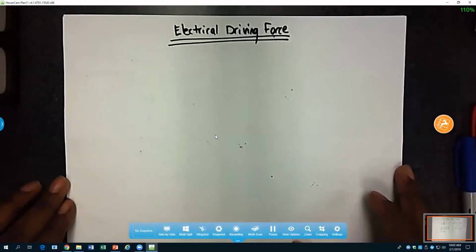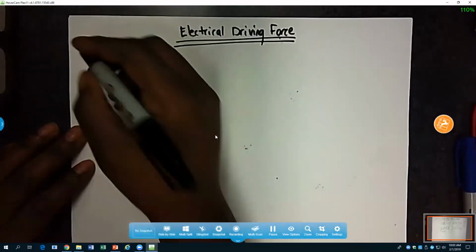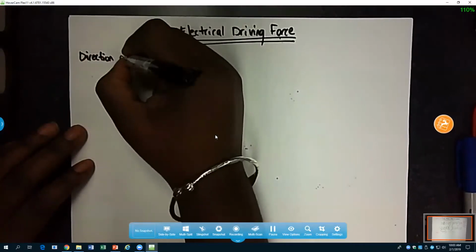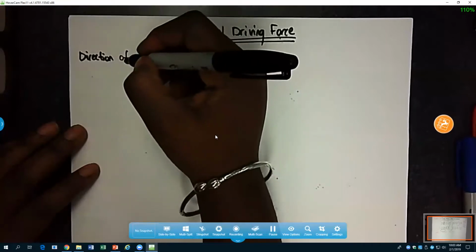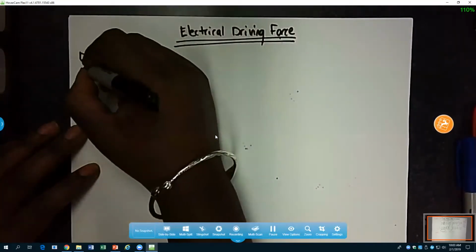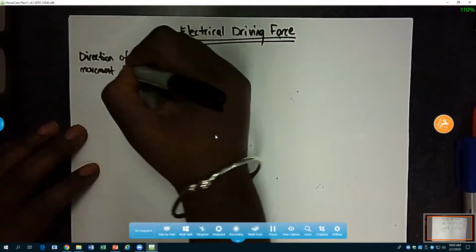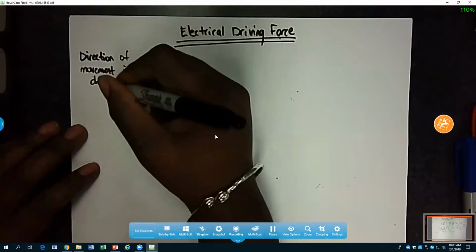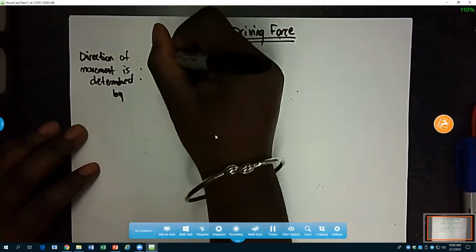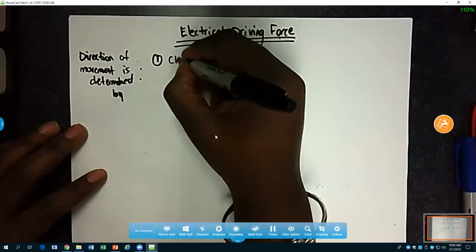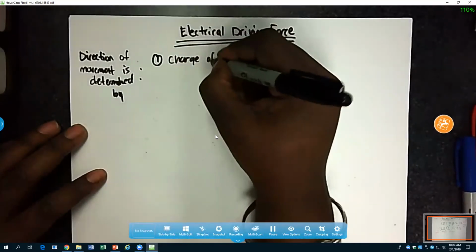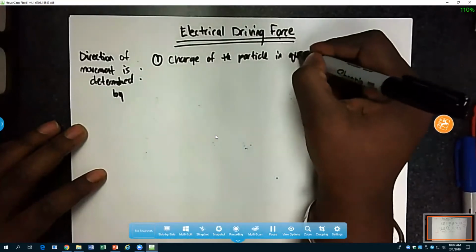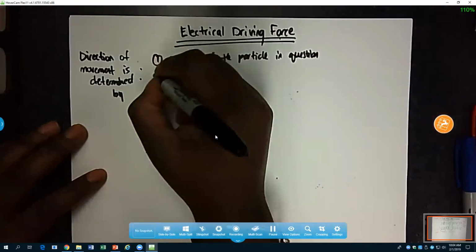All right, so the electrical driving force, we said that the direction of movement here is determined by 1, the charge on the particle in question. Right?